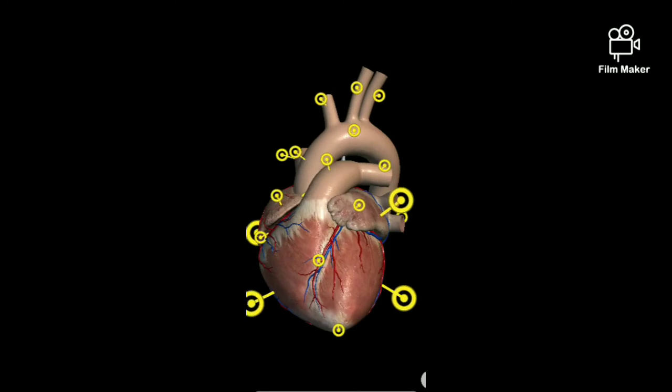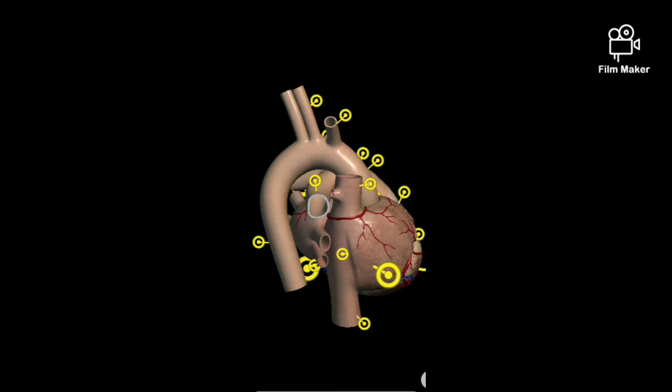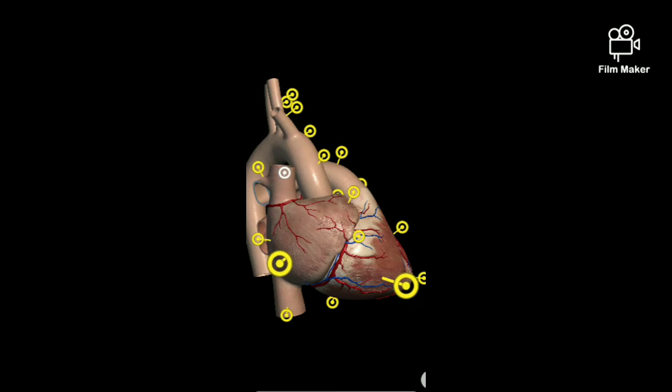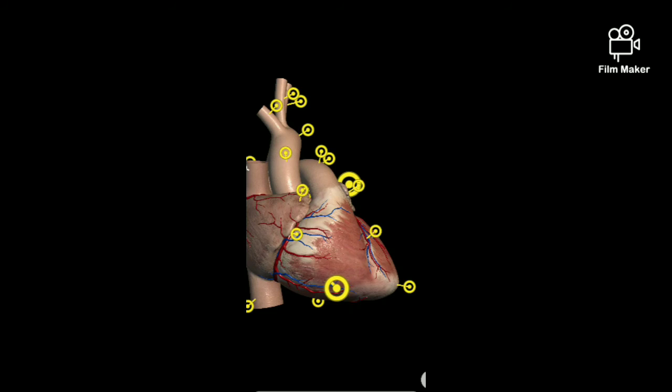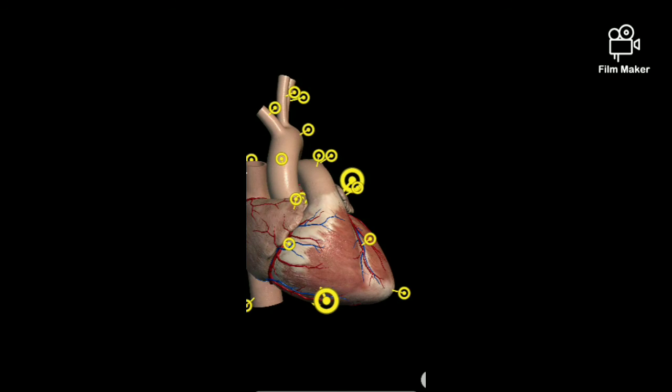Superior vena cava: you can see this is the superior vena cava. The superior vena cava receives deoxygenated blood from the upper body, structures superior to the diaphragm, and delivers it into the right atrium.